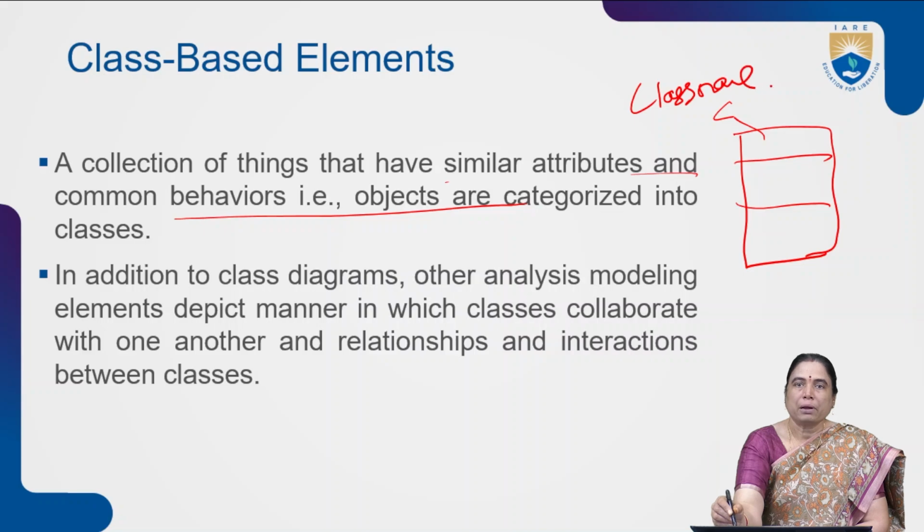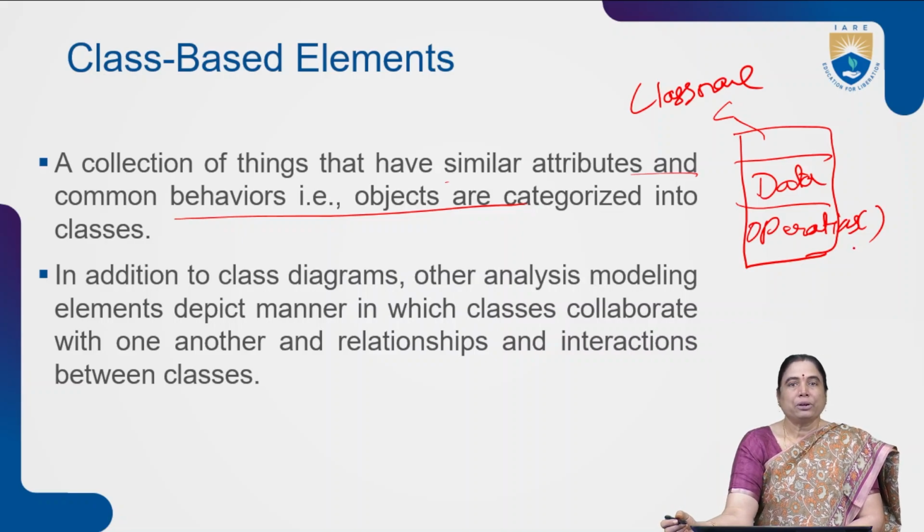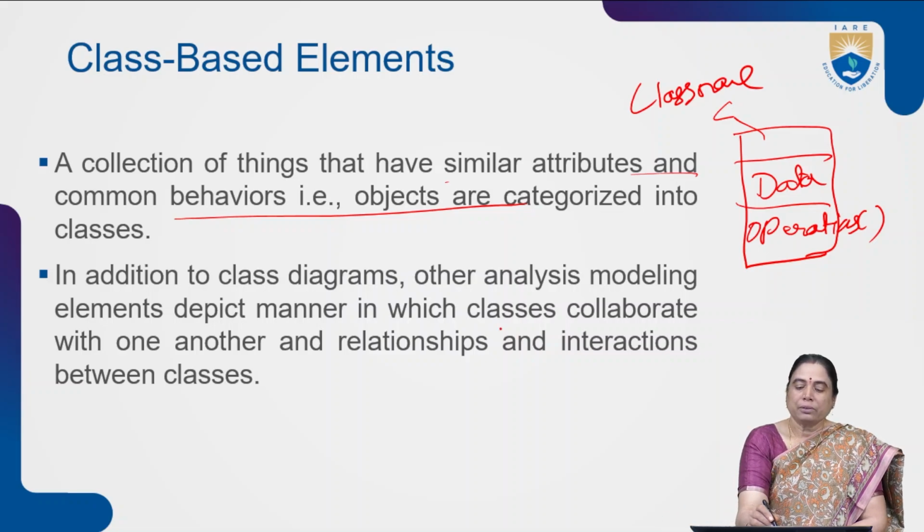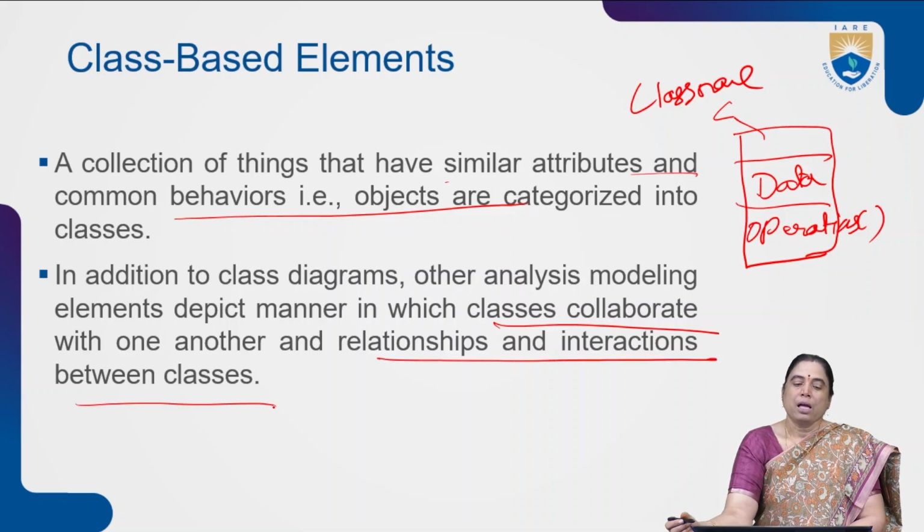The second compartment represents the data. The third compartment represents operations or methods. So, in addition to the class diagram, other analysis modeling elements depict the manner in which classes collaborate with one another, and relationships and interactions between the classes are modeled in the class-based elements.